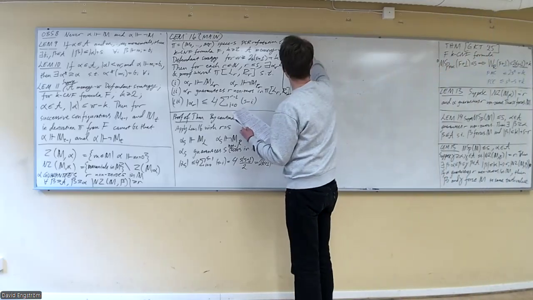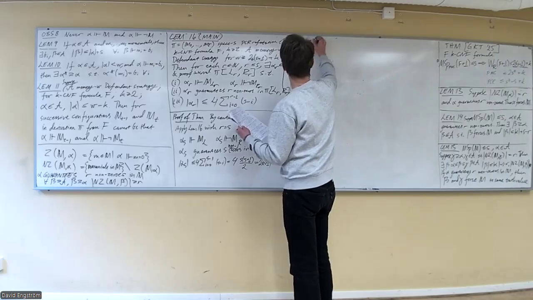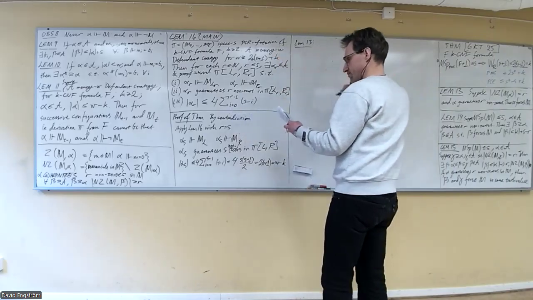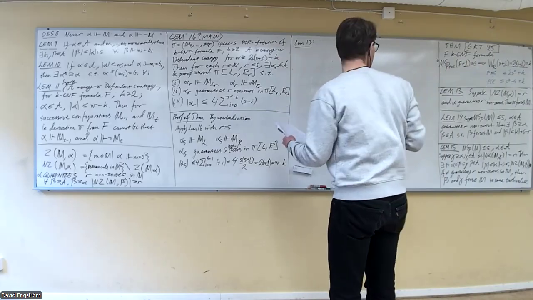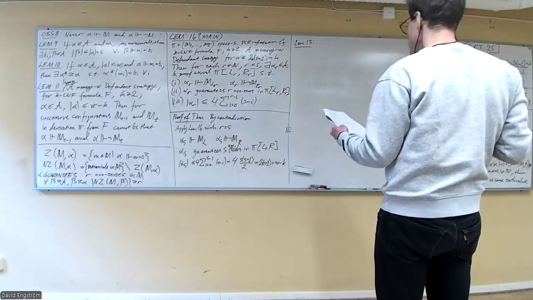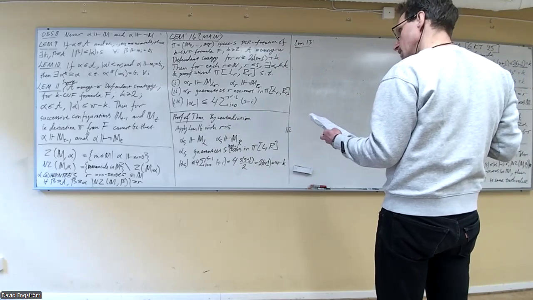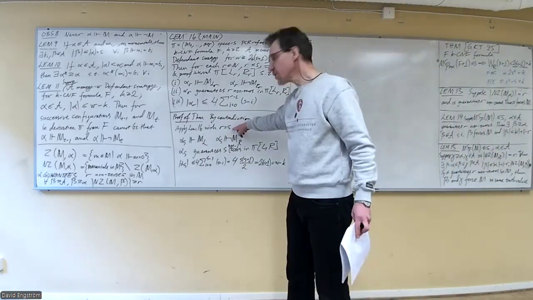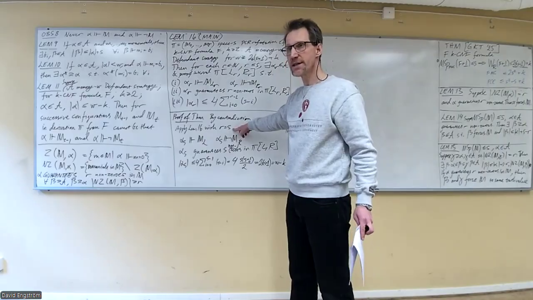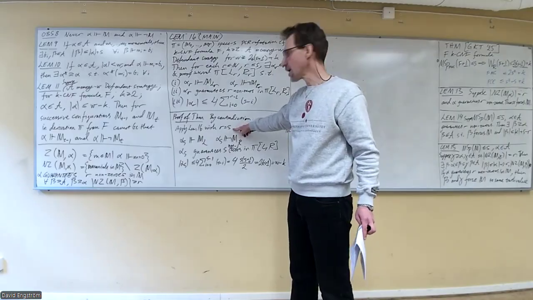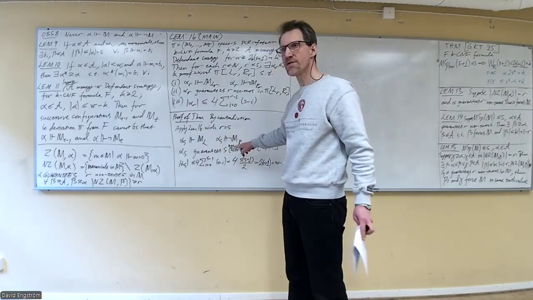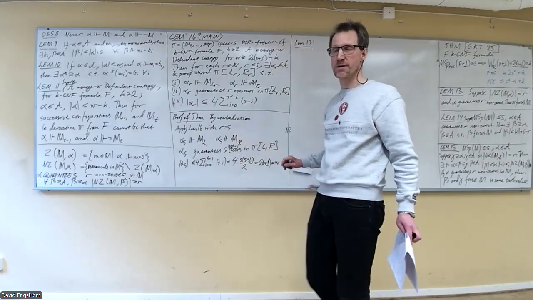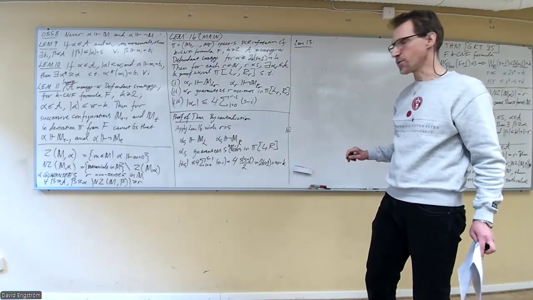Okay. Lemma 13. Note now that we're hitting the space bound. So we actually know we have equality here. I mean, that we cannot have more non-zeros like this. This has to be an exact equality because this is the space bound.